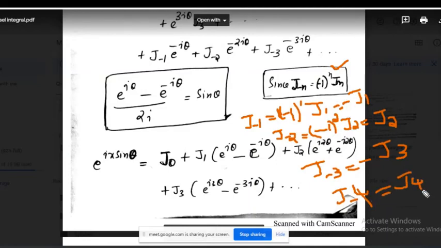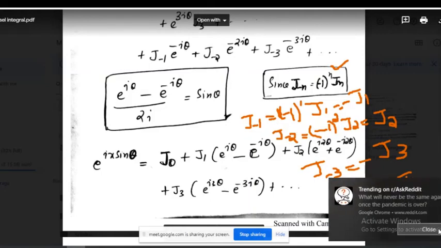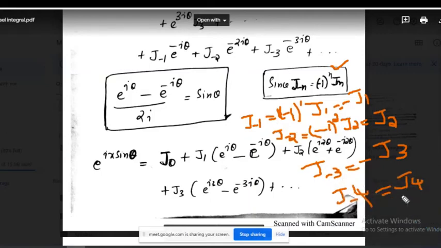So for even numbers, J minus 2 or J minus 4 will be equal to Jn. J minus n will be Jn for even numbers.